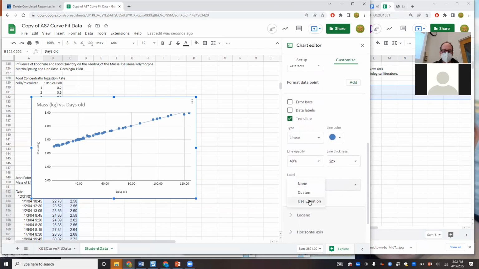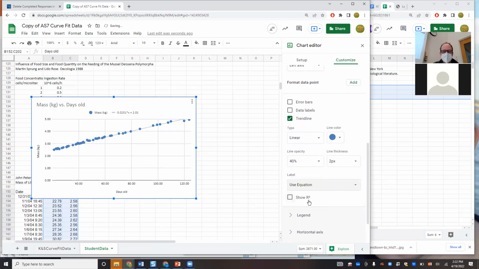So under label you want to use equation, and then you also want it to show the R² value. So it's basically doing a regression here right now. That least squares process we talked about, it just did that least squares process in fitting these data.